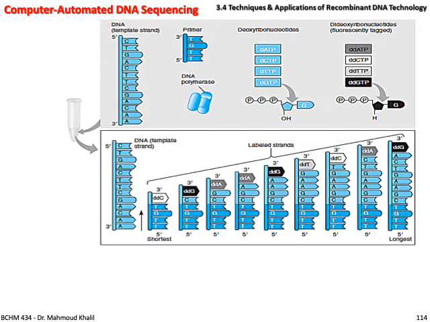So once there is a polymerization, in the bottom figure, you can see that at any time, once this ddNTP is added based on complementarity to the template, the chain is terminated. There is a termination of the chain, and all these fragments which are formed are labeled.